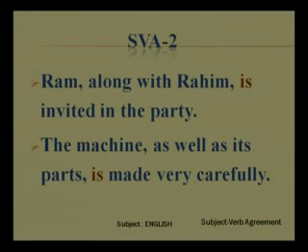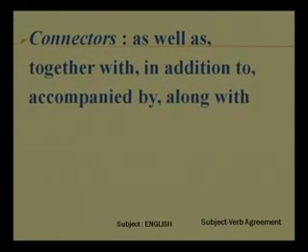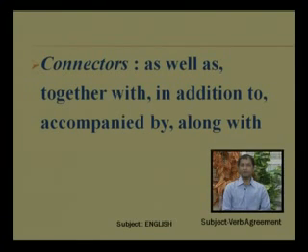We have many such connectors: as well as, together with, in addition to, accompanied by, along with. When such connectors are used, you have to take the verb based on the word which comes before these connectors.